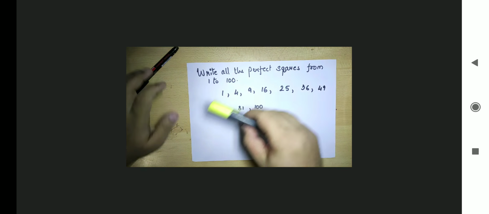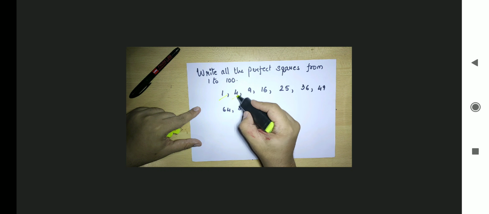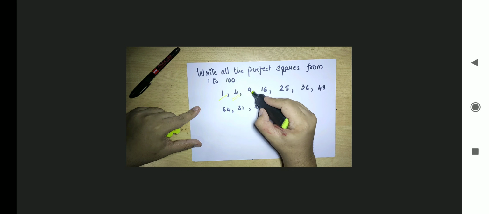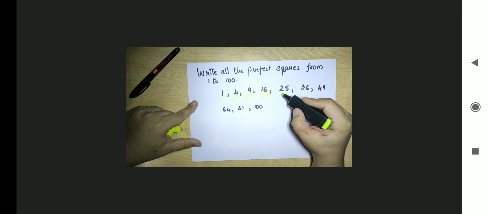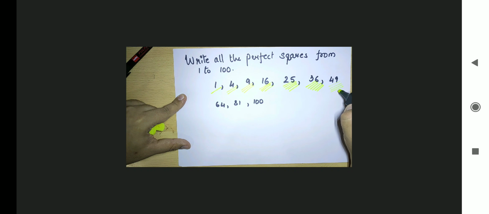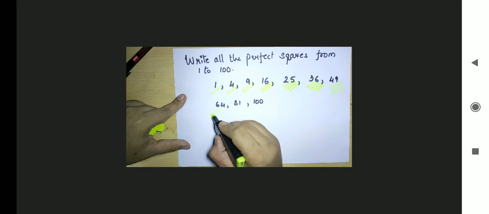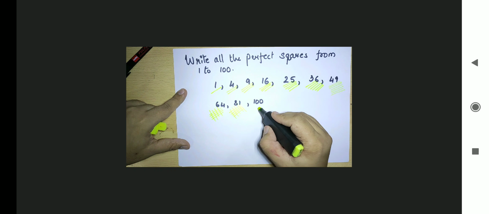As we know, here 1 is the square of 1, 4 is the square of 2, 9 is the square of 3, 16 is the square of 4, 25 is the square of 5, 36 is the square of 6, 49, 64 is the square of 8, 81 is the square of 9, and 100 is the square of 10.